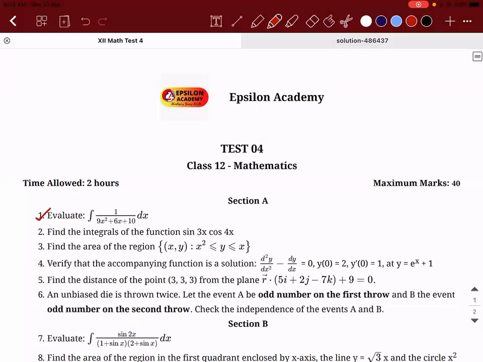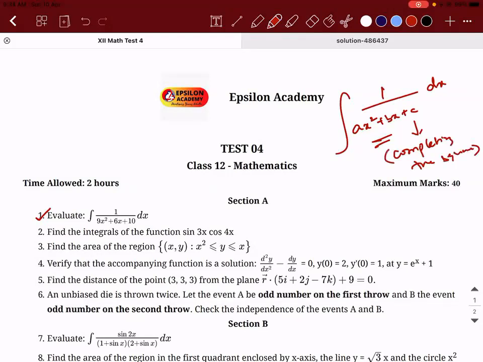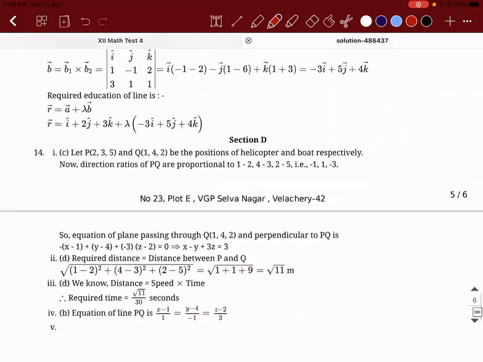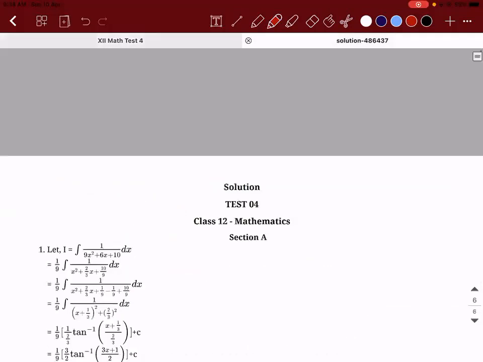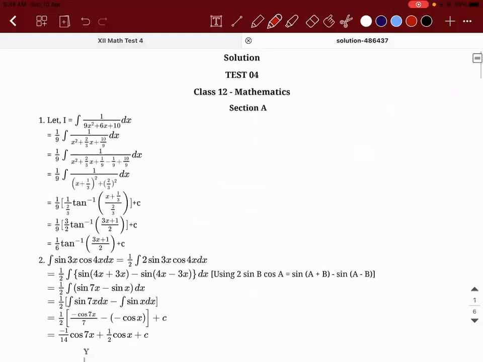So this is of the form 1 by ax square plus bx plus c, dx integral. So these kinds of problems are supposed to be done using the completing the square method, right? When you need to do the completing the square method, always take the coefficient of x square out. So 9 into x square plus 6 by 9 x.